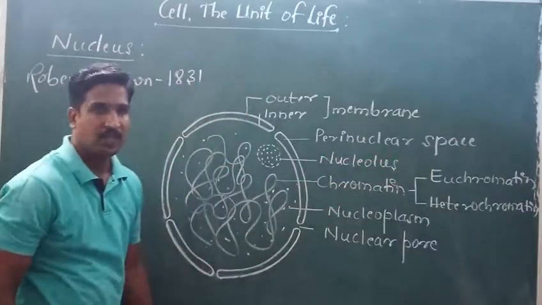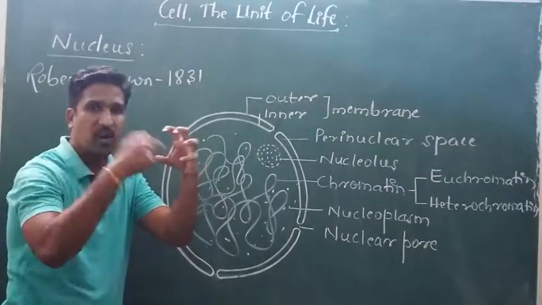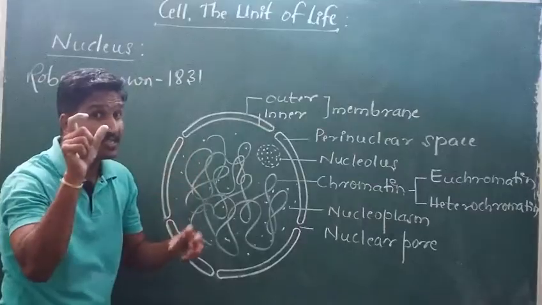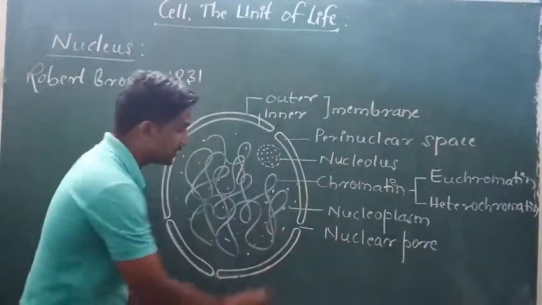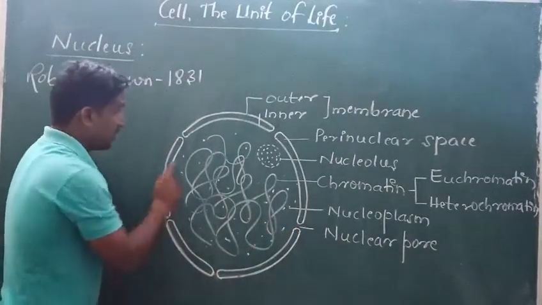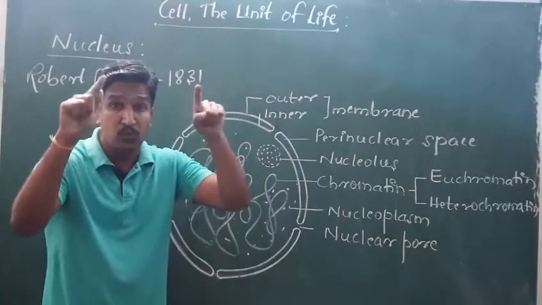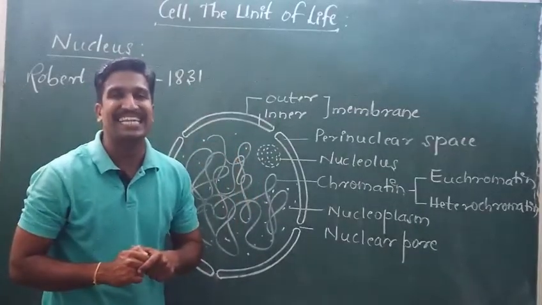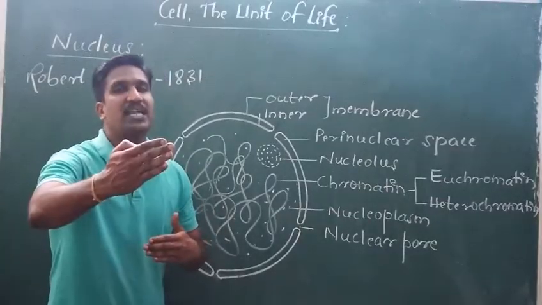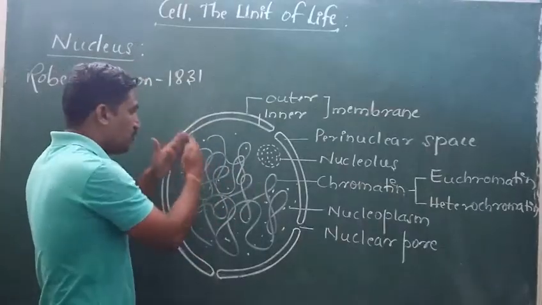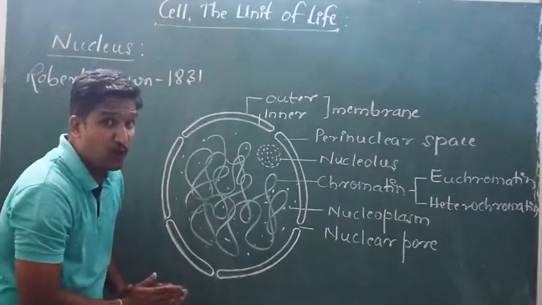And this is a round ball-like structure. A hole, considered to be a pore, called nuclear pores, will be present like this. And these nuclear pores are octagonal in shape, eight-sided octagonal pores, through which material is taken into the nucleus and sent from the nucleus to the cytoplasm.